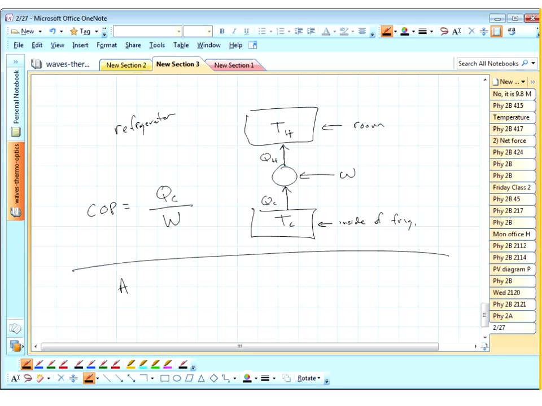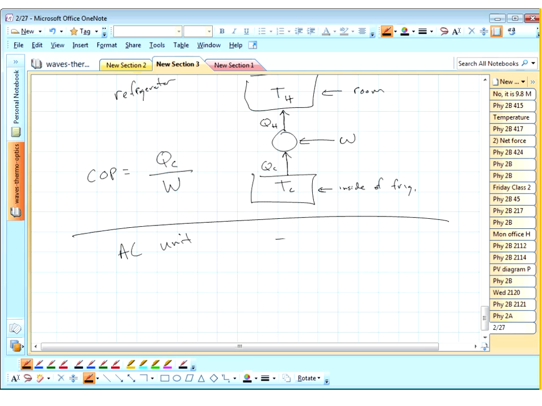Now, an air conditioner looks very similar to a refrigerator. What does an air conditioner do? It takes heat out of a cold place.